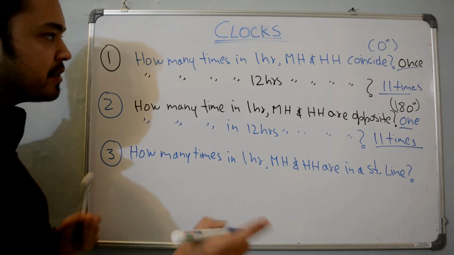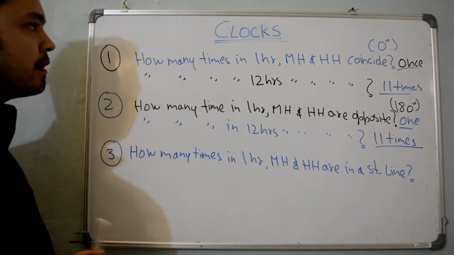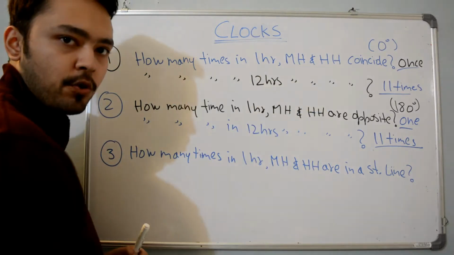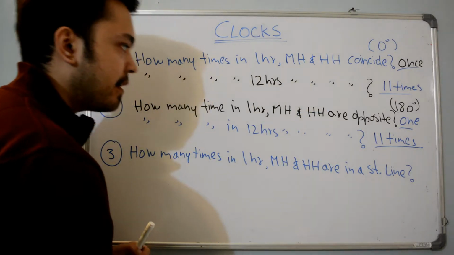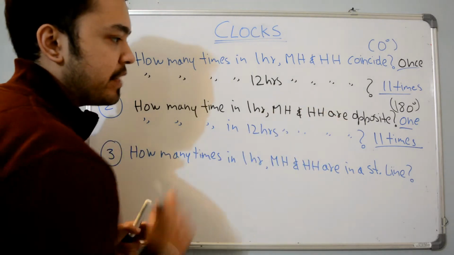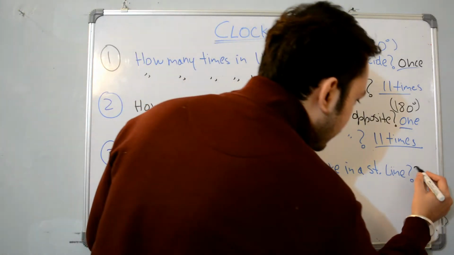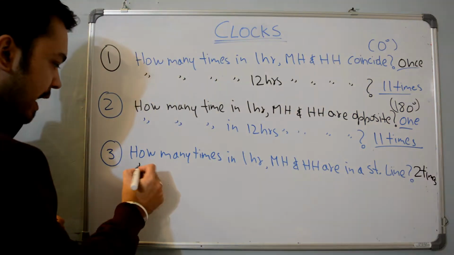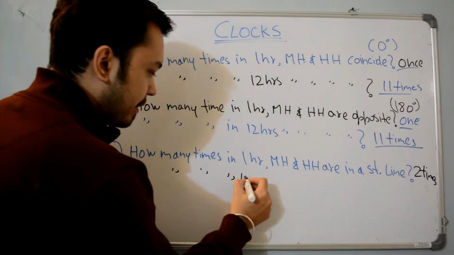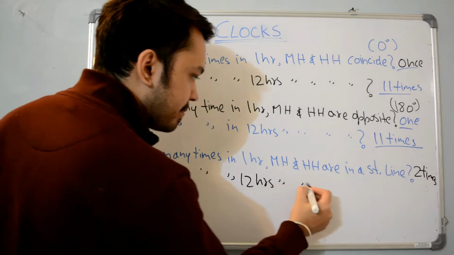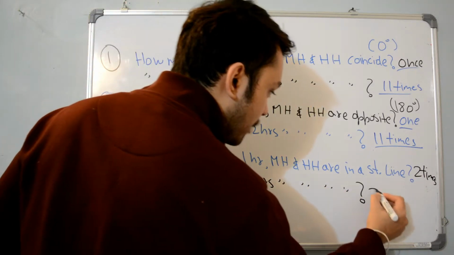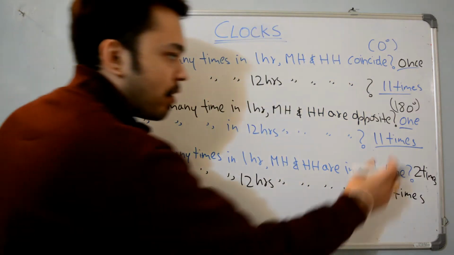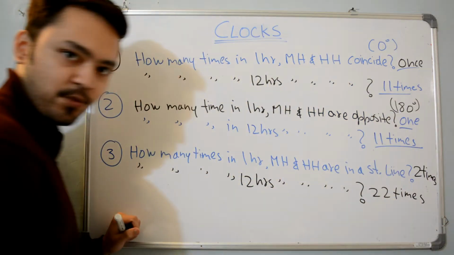If you just think for a moment, one time they are in a straight line when they are coinciding, and the other time they are in a straight line when they are opposite to each other. So our answer will be 2 times, right? And this phenomenon will repeat how many times in 12 hours? That will be 22 times, right? Because 11 plus 11 is 22.